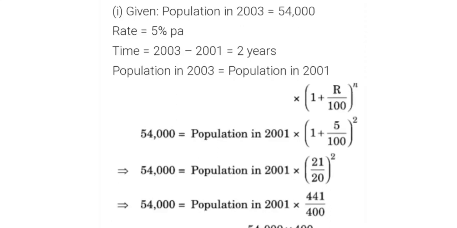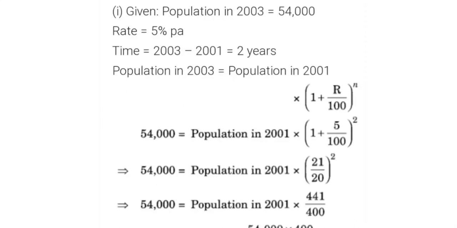Okay. So population in 2003 is equal to population in 2001 into 1 plus R upon 100, and the power is n. Now put the values. So 54,000 is equal to population in 2001 into 1 plus 5 upon 100 and the whole power is 2. Now let's simplify. So it will become 54,000 is equal to population in 2001 into 21 upon 20 square.